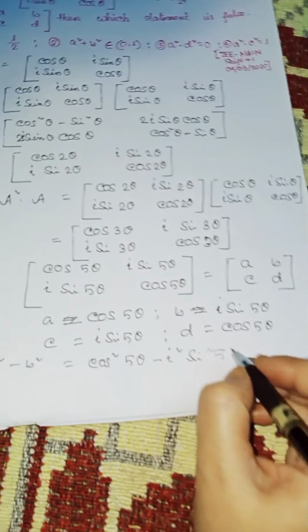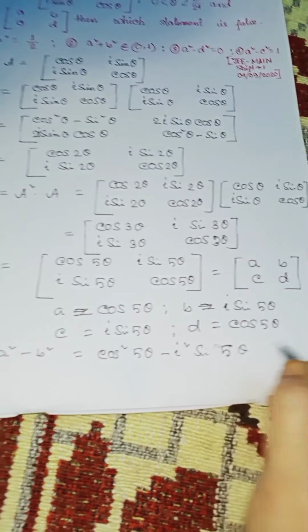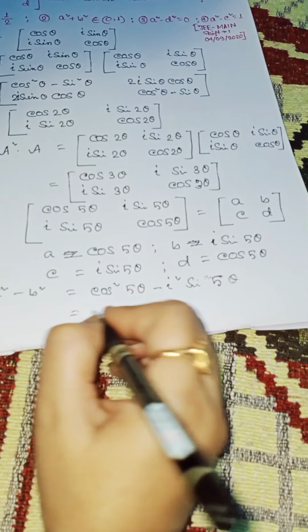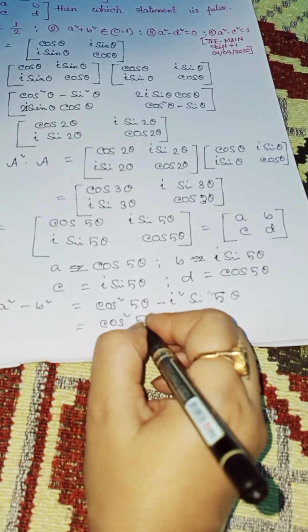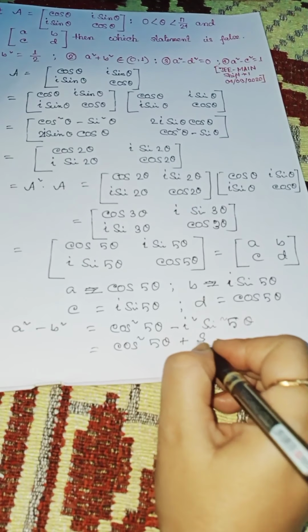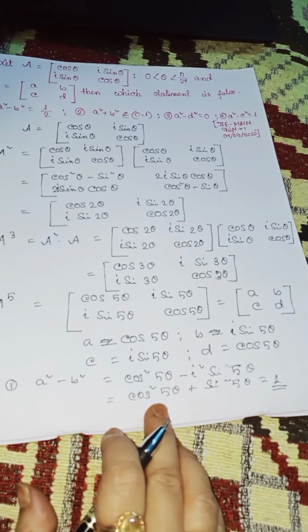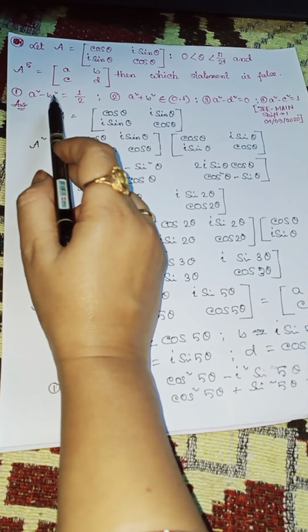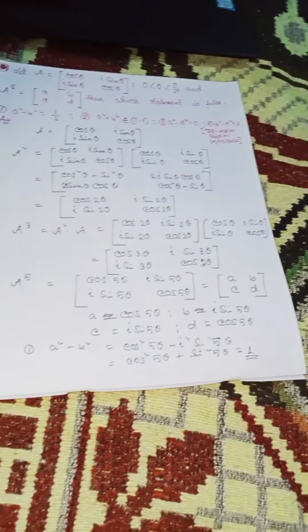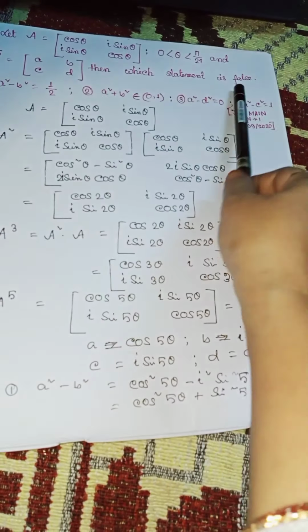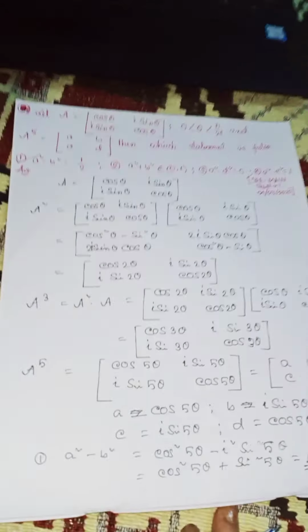So it becomes plus: cos square 5 theta plus sin square 5 theta, and we know it is equal to 1. But the option given says a square minus b square is equal to half, so it is a false option. The question asks which statement is false, so option 1 is the false choice.